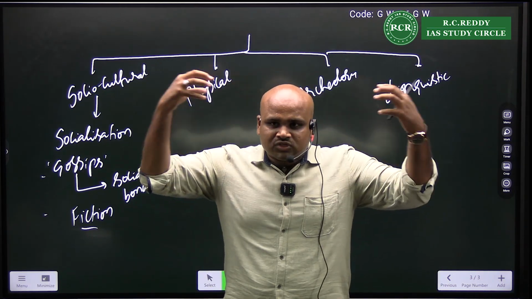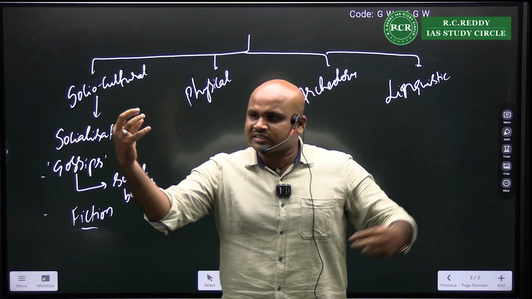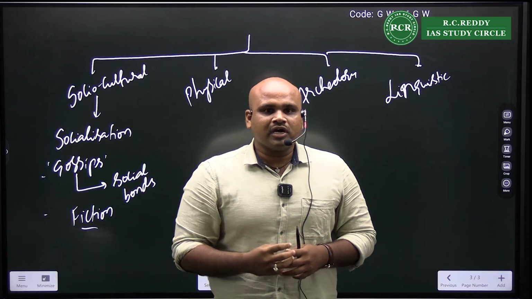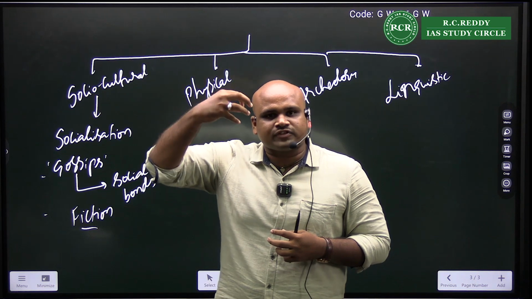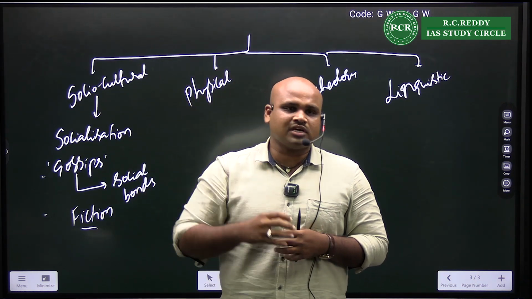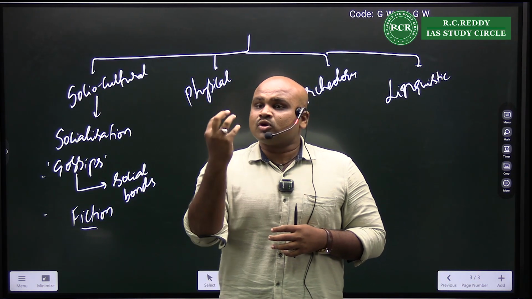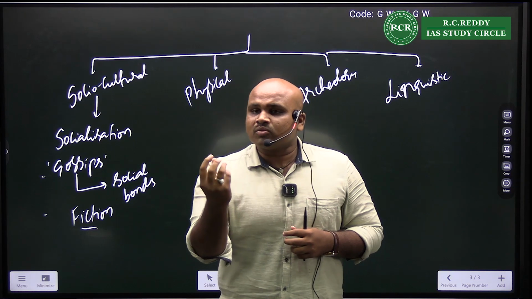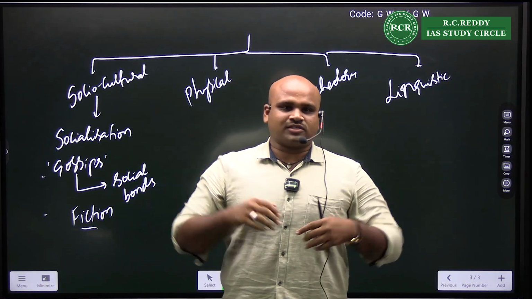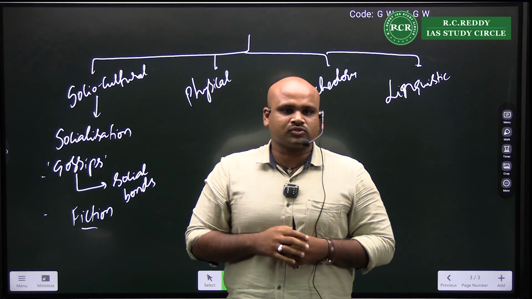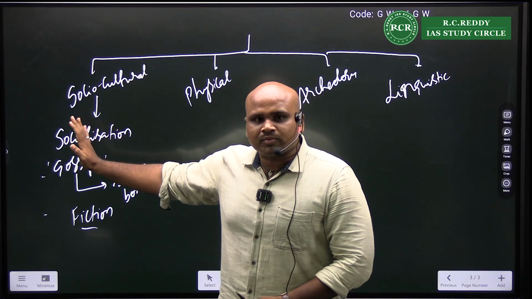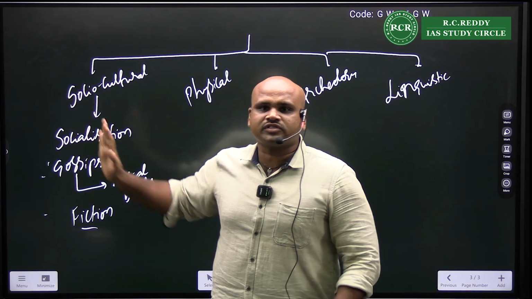Now if the same bunch of people believe in some set of familial bonds, it becomes family. If the same set of imaginary reality is seen when it comes to some norms, when it comes to some rules, then it becomes politics, the political organization of a particular society. So in socio-cultural anthropology, as part of paper 1, what do we study?